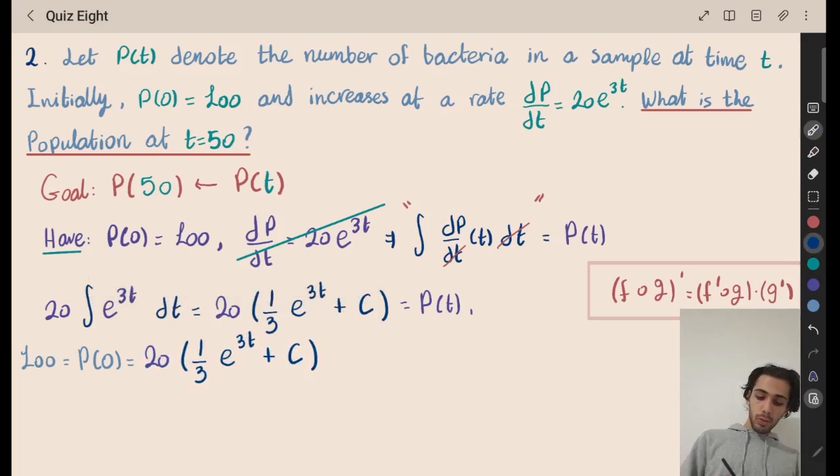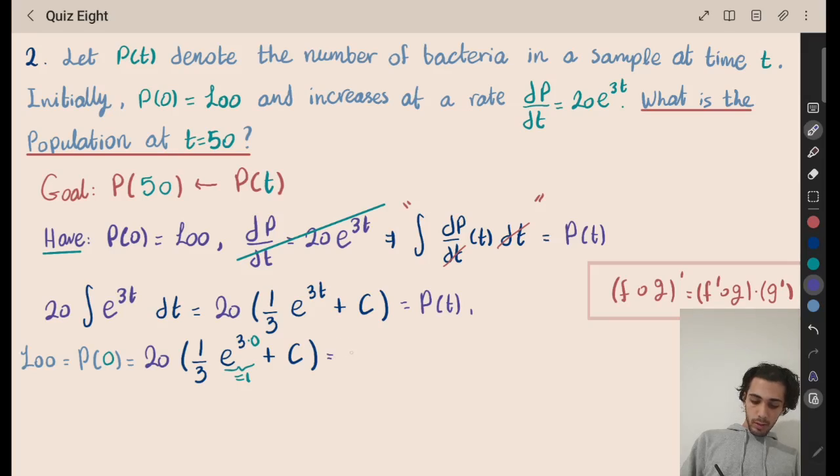But do not forget to plug in for this very specific choice of t, which is 0, to put also here 0. If you put a 0 here, you get 1.